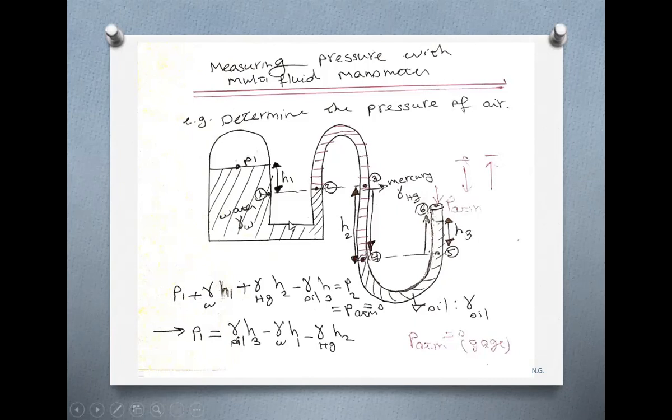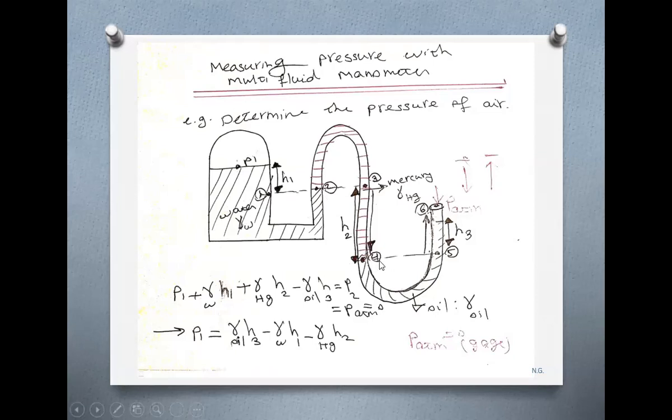All right. So one more time, there's a container. We are interested in the pressure of air here, which is on top of this fluid. And here's water up to 2. And here is the U-tube, and all the way from 2 to 3 to 4 to 5. I used oil here. Let me see.